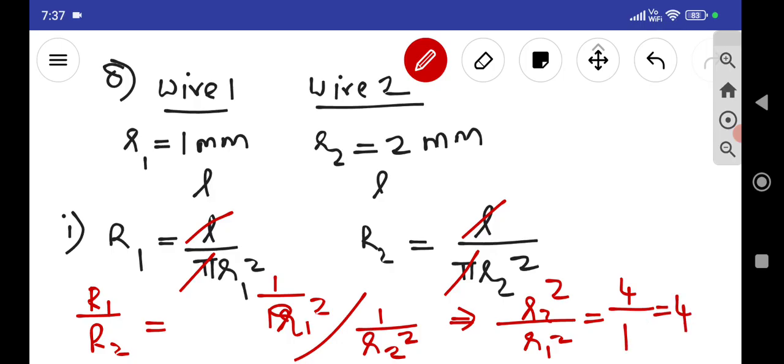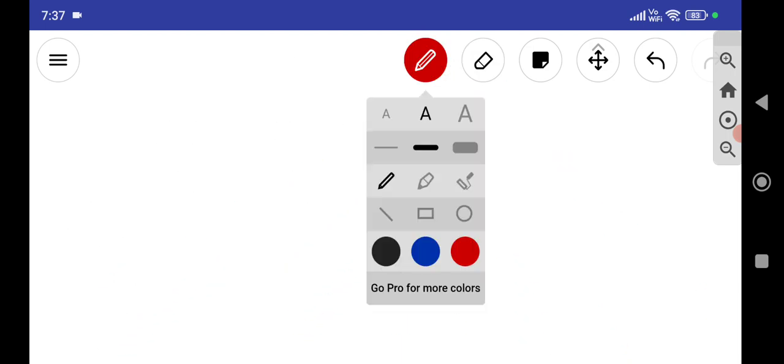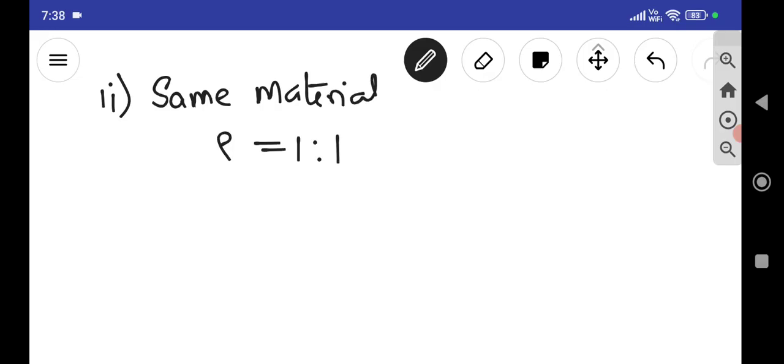So the answer is 4:1. Hope you have understood. Now the second one, they are asking to find out the specific resistance. Because both the wires are made up of the same material, the specific resistance will be the same, so 1:1 you can take. Hope you have understood this.